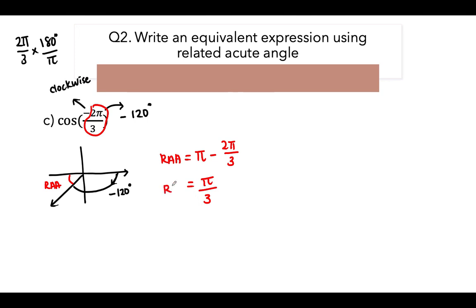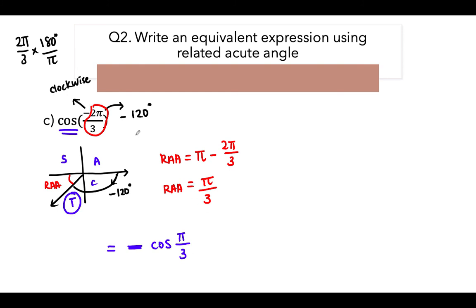That is my related acute. Now we have to consider the CAST rule, CAST. My cosine is located under the tangent quadrant. Only tangent can be positive. So therefore, it's going to be negative cosine pi over 3. So that will be my equivalent expression using a related acute angle.